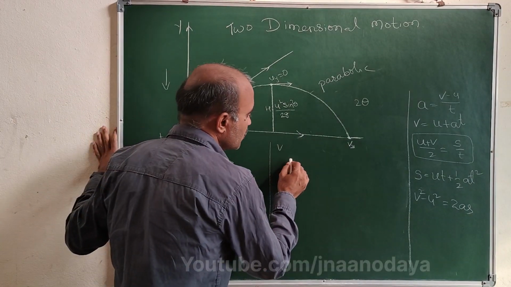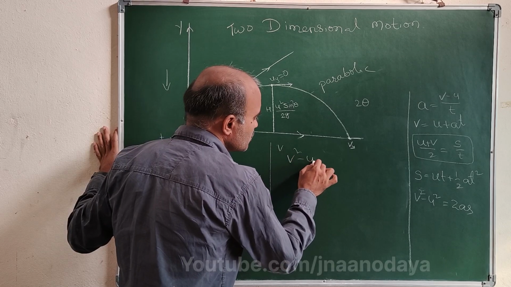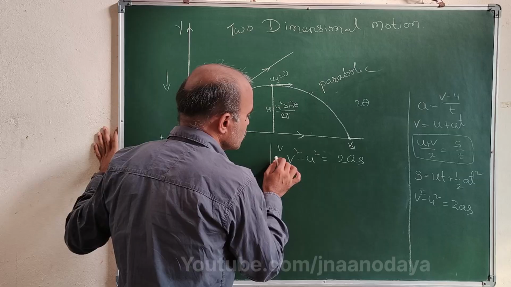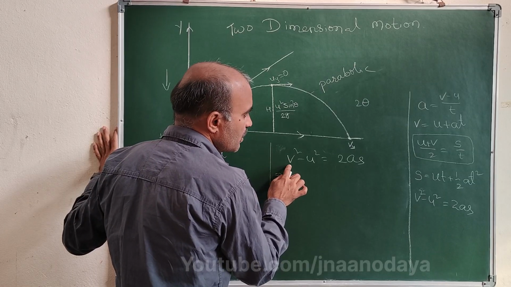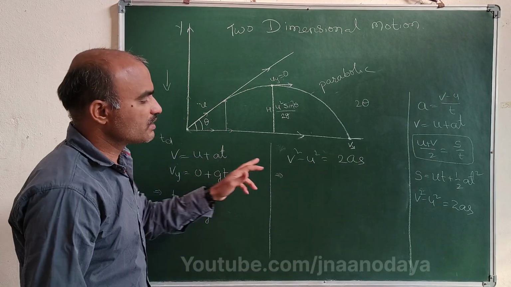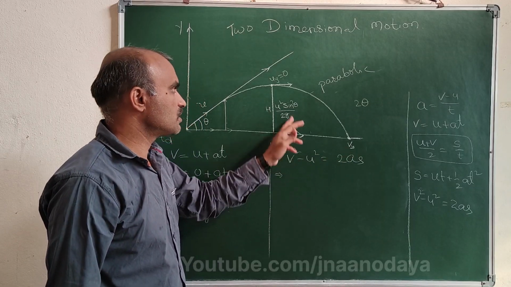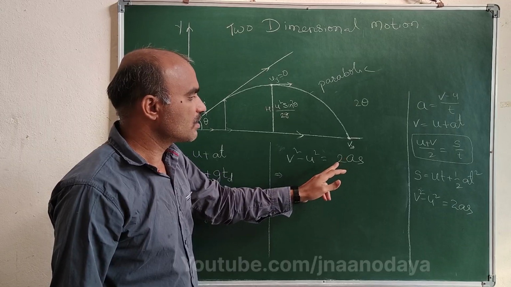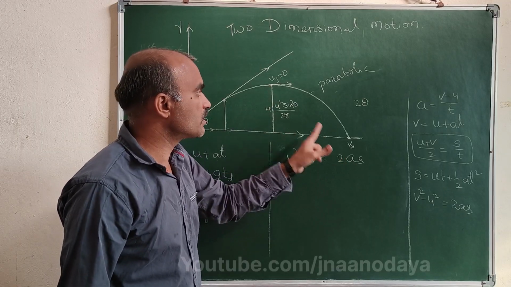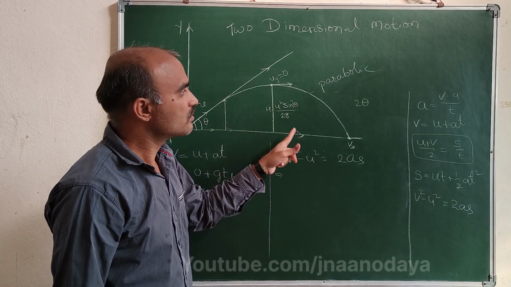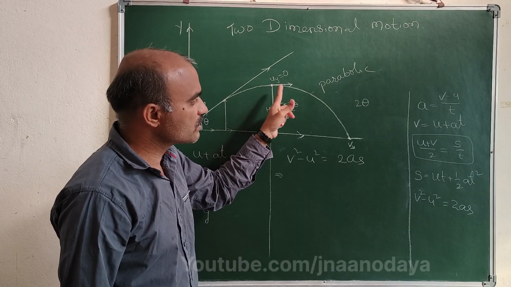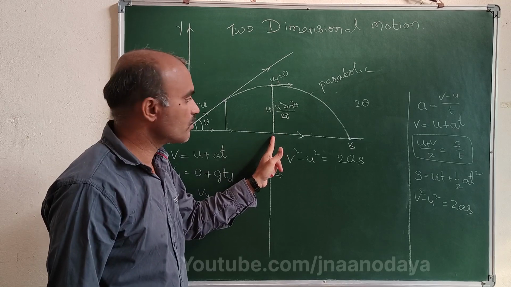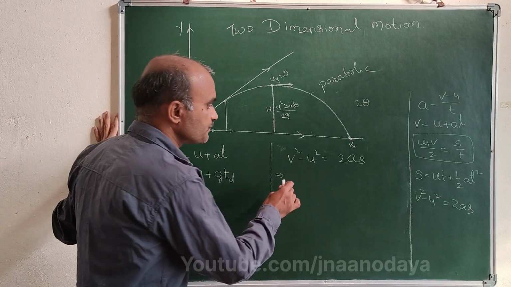Now let us take another formula, v square minus u square is equal to 2as, right? So v again is the velocity of the object when reaching the ground, uy is the initial velocity at maximum height, which is 0, and a is actually plus g, and displacement here you have to take as the maximum height, right? When the object goes from the maximum height to the ground again, it covers a displacement of u square sin square theta by 2g.